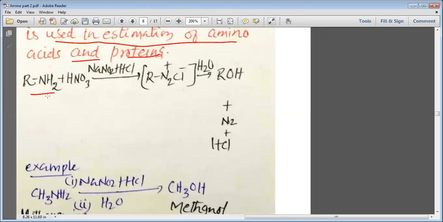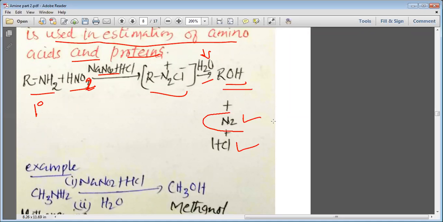You can see that any primary amine reacts with HNO3, sorry, it is HNO2, which is actually the NaNO2 and HCl. It gives us the RN2+ and Cl-, which ultimately, when it reacts with water, gives us the alcohol ROH, N2 and HCl.